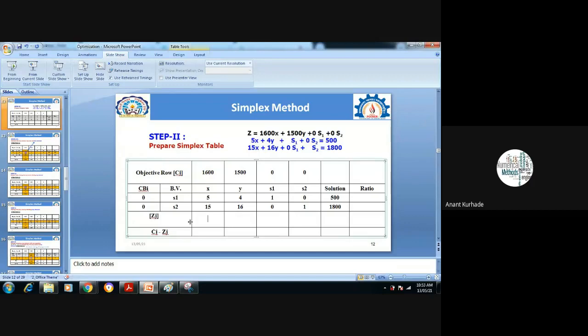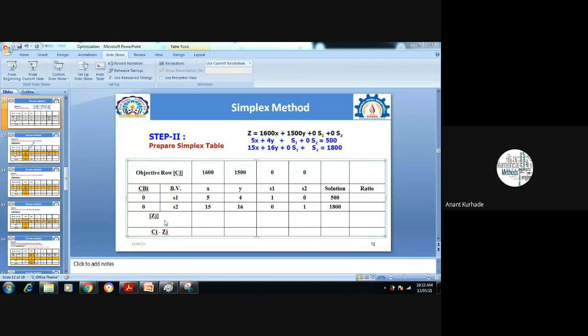Now what is given here? Zj. The next part is Zj. Please note this. I will share this PPT also. Zj means you have to calculate the value of Zj. Remember, Zj is nothing but the addition of the products of this 0 with 5 plus this 0 with 15.